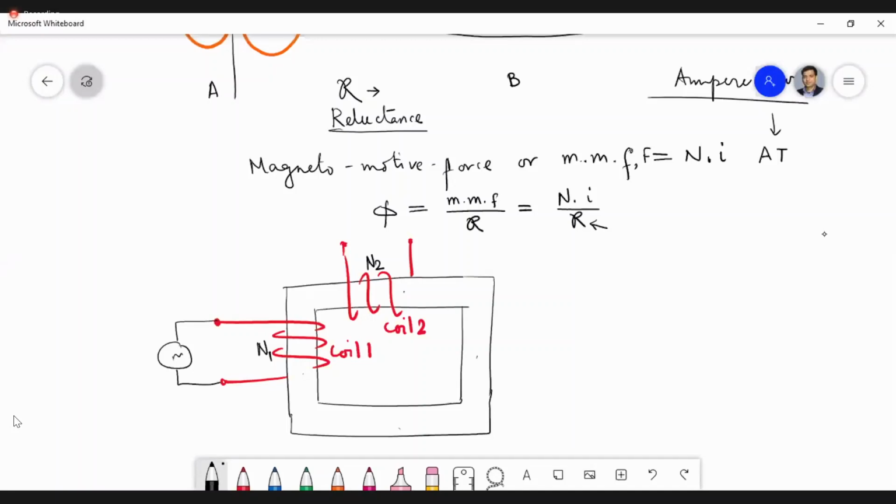One coil, coil 1, has the number of turns N1, and the second coil, coil 2, has the number of turns N2. Now I have taken coil 1 to excite it by an alternating voltage source, suppose V1.